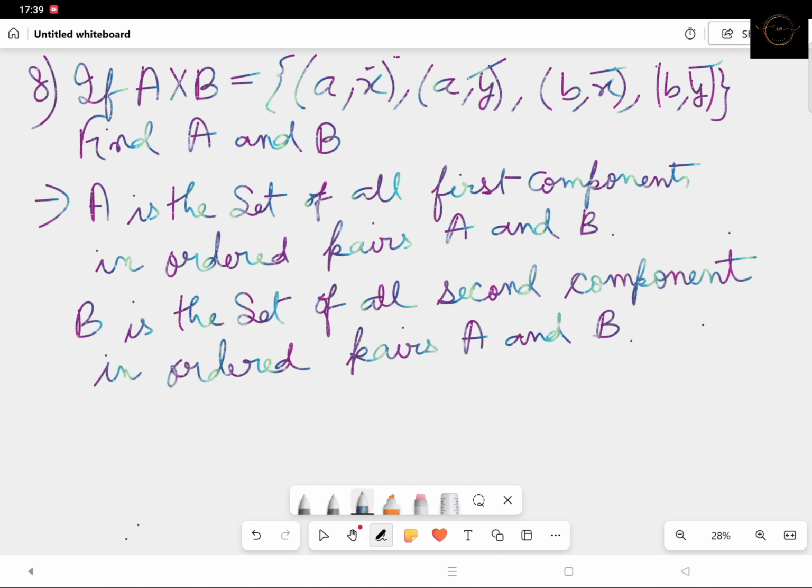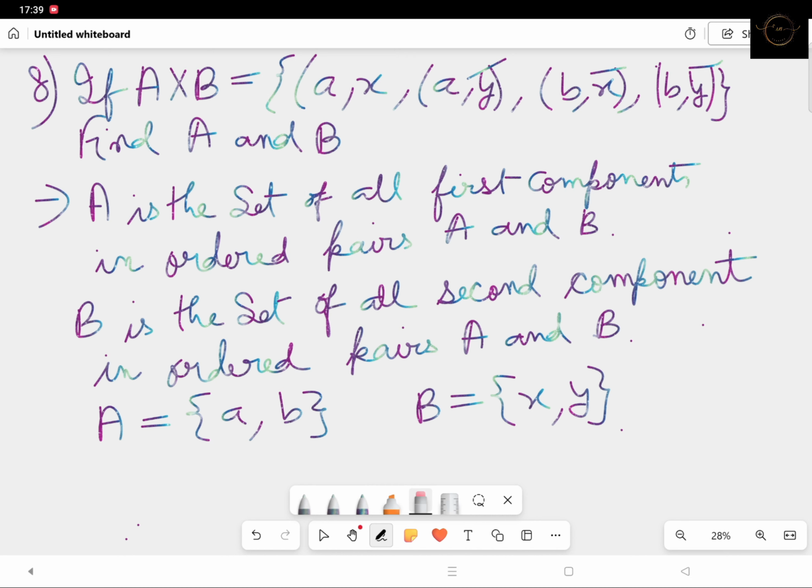So what about A? Capital A equals {a, b}, and capital B equals {x, y}. This is the answer to this question. Now coming to the next one.